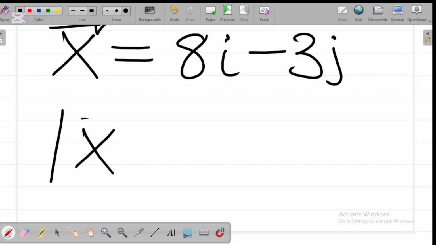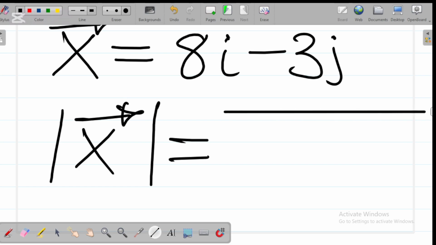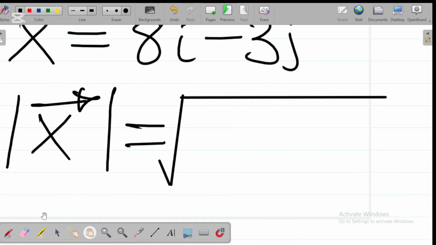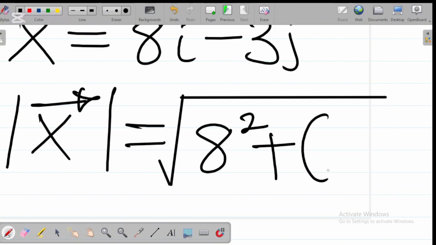So we have the magnitude of vector x, and to find magnitude, simply apply Pythagoras theorem. The coefficient of i is 8. So we have 8 raised to the power 2 plus the coefficient of j, which is negative 3 raised to power 2.